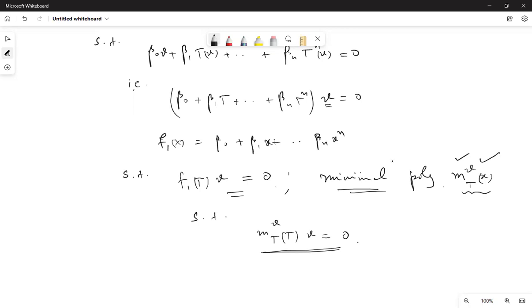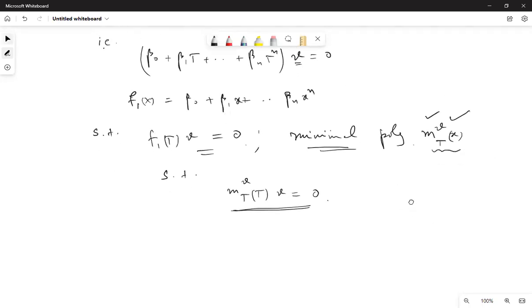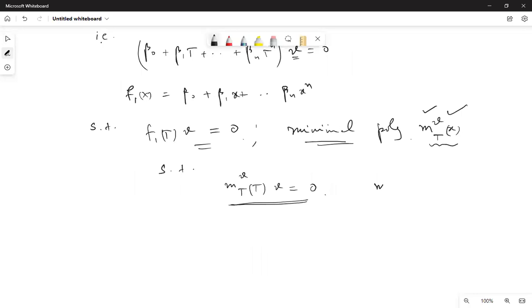Again, since this is 0, also we have M_T of T which is 0. That means if I apply v here, then that is also 0. This implies M_T,v is known as the annihilator, which means this divides M_T(x).